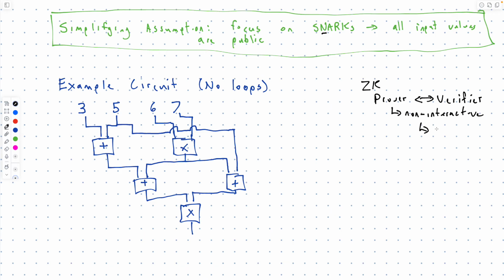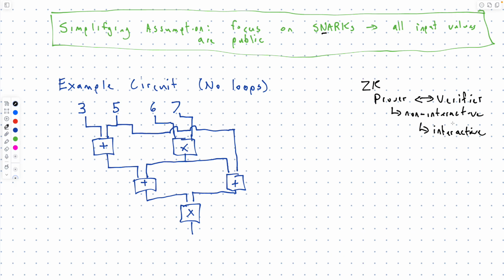But temporarily, I'll show it to you as interactive first, and then there's a common trick called the Fiat-Shamir heuristic, if you know crypto, that will convert the interactive protocol into a non-interactive protocol.